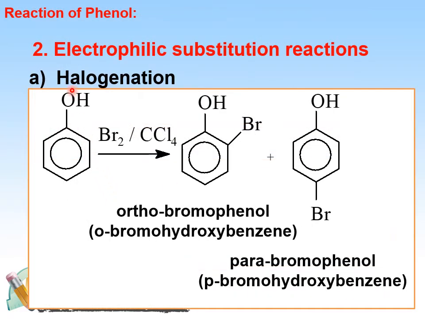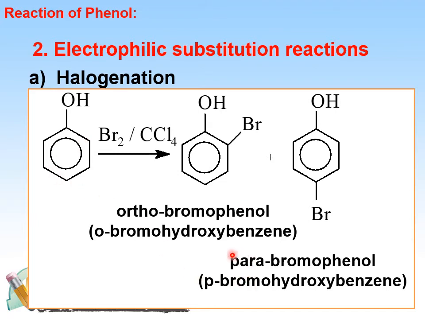Let's look at the reaction of electrophilic substitution, halogenation on phenol using bromine in tetrachloromethane. It is going to produce 2 products because phenol is an ortho-para director.